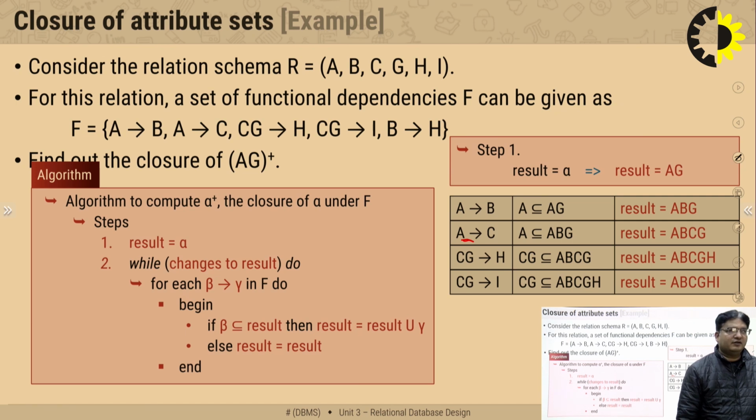In addition to that also we can find out the closure of set of FDs. So this topic will help us to find out the candidate key or the super key for a relation. For that we can use the algorithm line by line and find out which attributes determine which particular attributes.